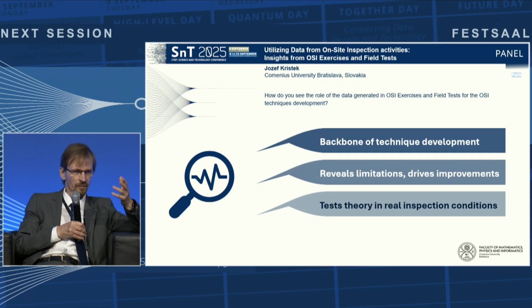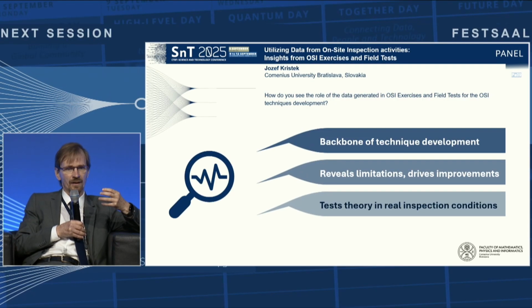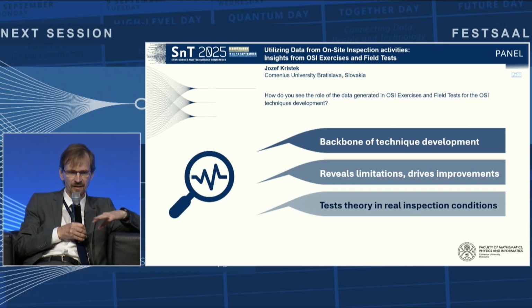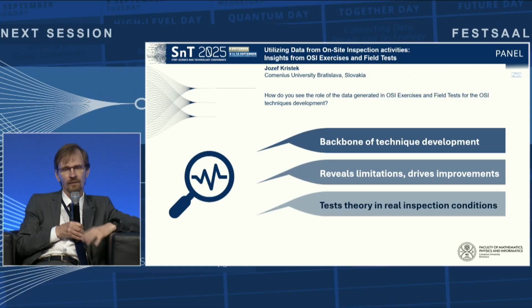Similarly, the data from the two exercises in 2022 and 23 gave us a realistic environment, and we could validate our method on real data in a real karst, a very complicated system, in this channel tunnel behind the farmland.